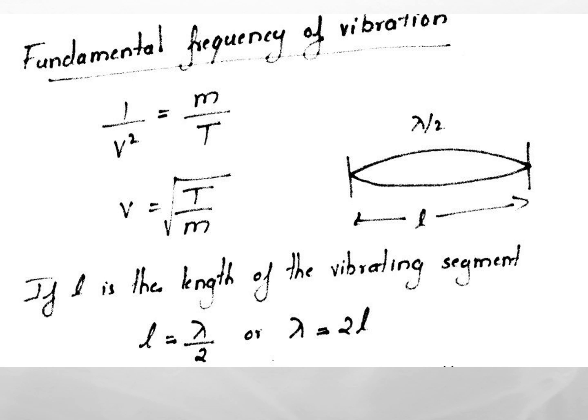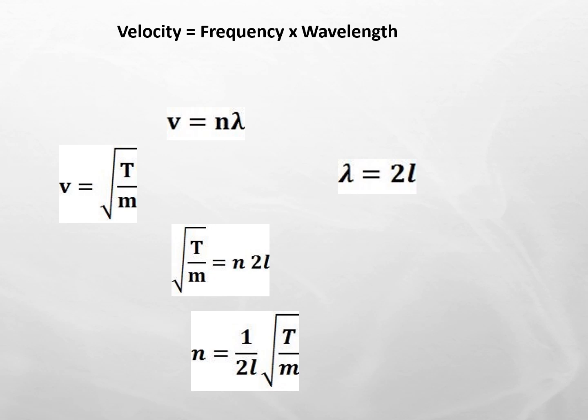For that, we have already got an expression for the velocity of the wave, which is v is equal to root of T by m. Now, if L is the length of the vibrating segment, then it is obvious from the figure that L is equal to lambda by 2, or lambda is equal to 2L. Velocity of a wave is given by v is equal to n lambda, where n is the frequency and lambda is the wavelength of the wave.